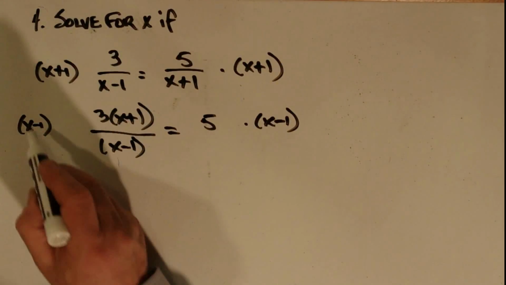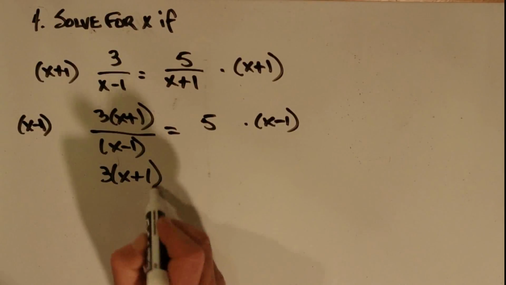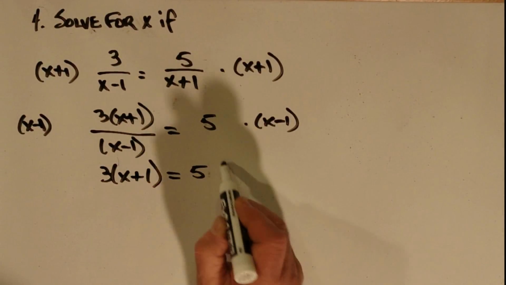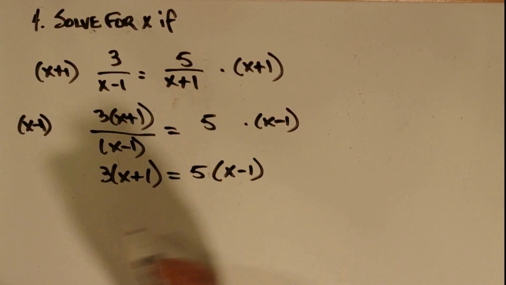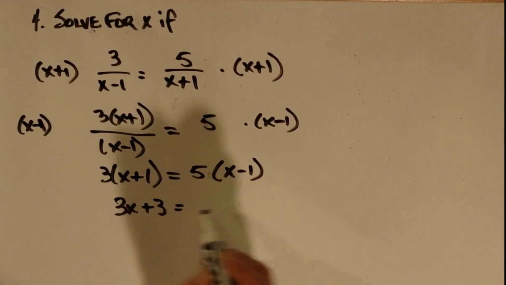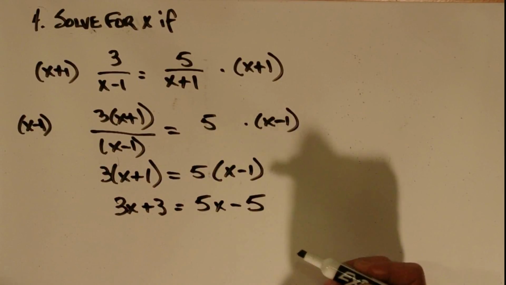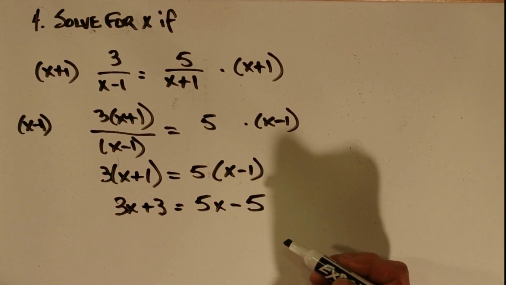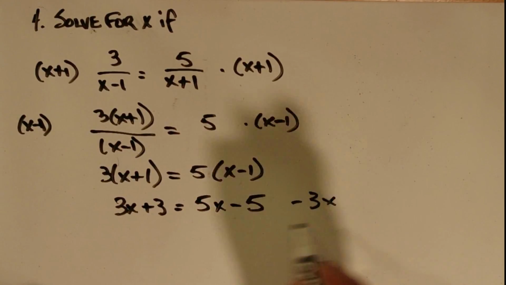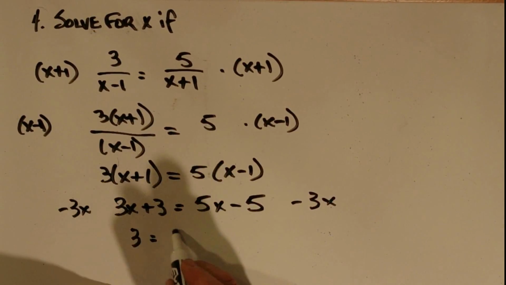And the result is we have 3 times the quantity x plus 1 equal to 5 times the quantity x minus 1. Distributing those in, we get 3x plus 3 is equal to 5x minus 5. We can subtract 3x from both sides to get 3 is equal to 2x minus 5.